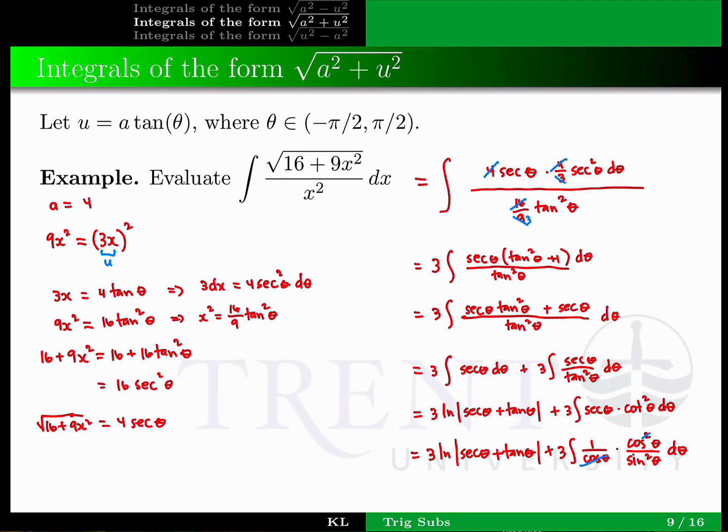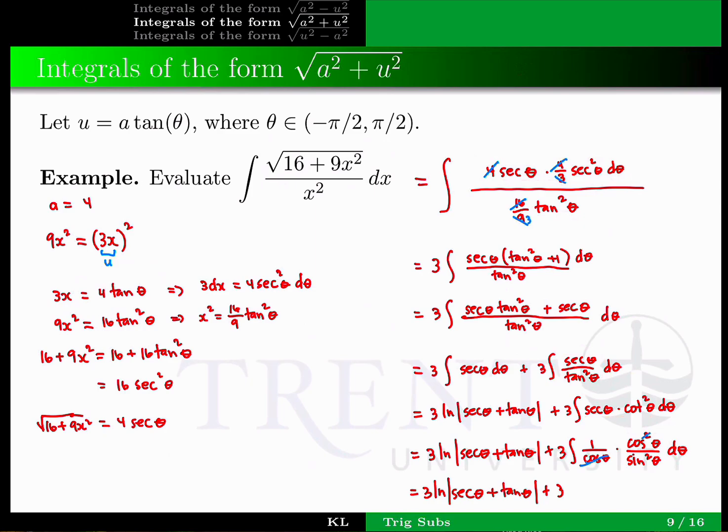So what we will get is the following. We will have here 3 ln absolute value of secant theta plus tangent theta. And then for the other one, we will have 3 times cosine theta over sine squared theta.